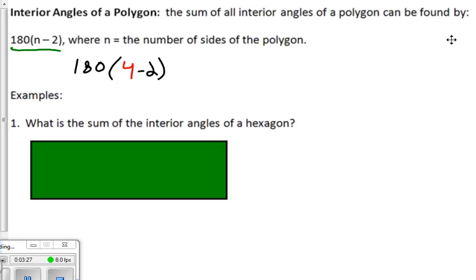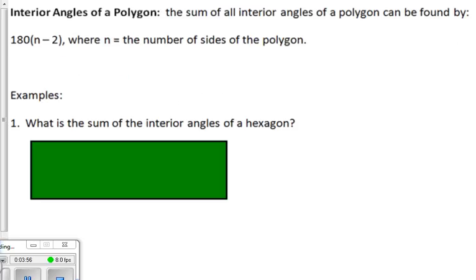Well, 4 minus 2 is going to be 2. We're still multiplying it by 180. 180 times 2 is 360 degrees. So anything that has 4 sides, any quadrilateral, will have 360 degrees if you add up all of the angles on the inside.